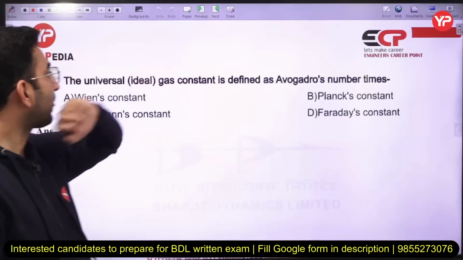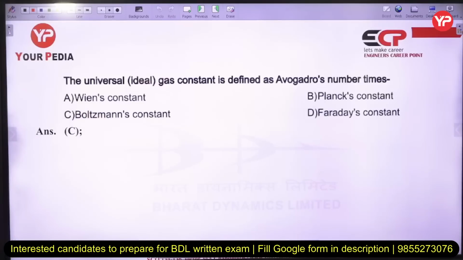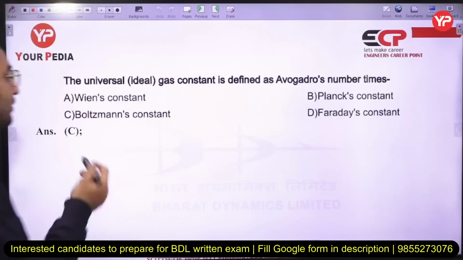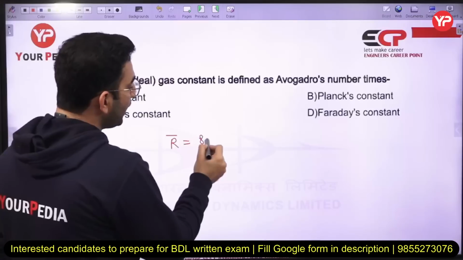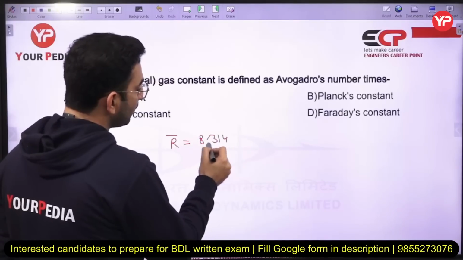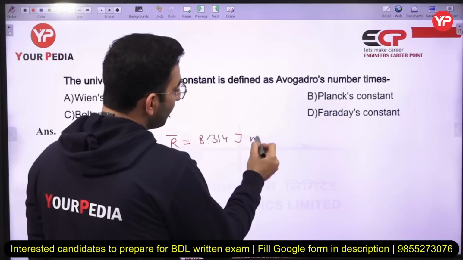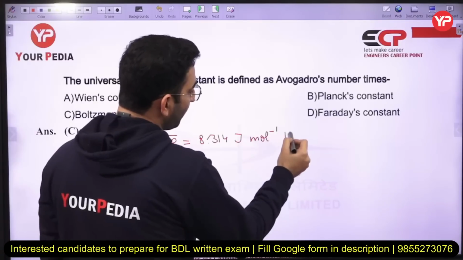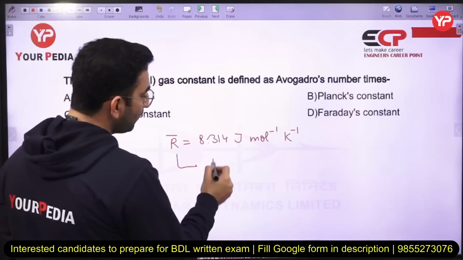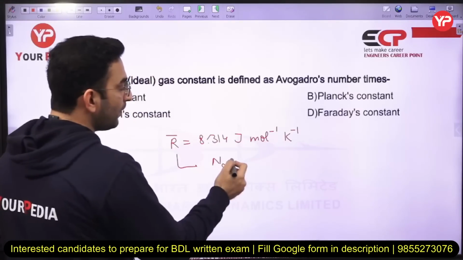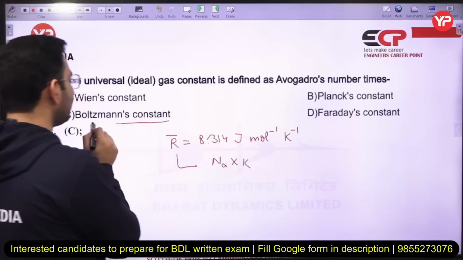Next part, the universal gas constant is defined as the Avogadro number times. Now just see one more thing. Basically the universal gas constant, which has a value of 8.314 joule per mole per Kelvin, is considered as a product of Avogadro number multiplied by the Boltzmann constant here.